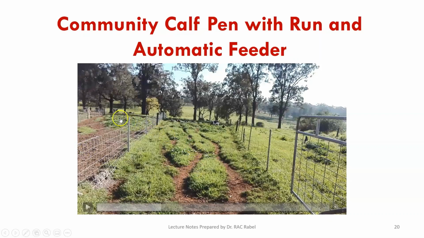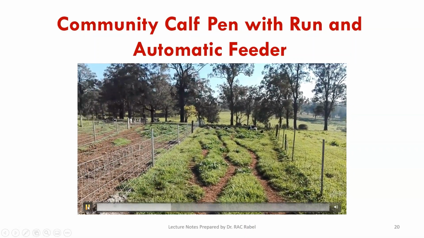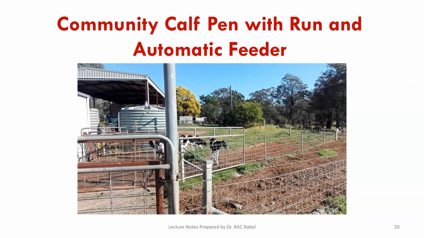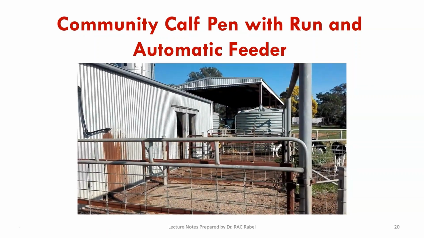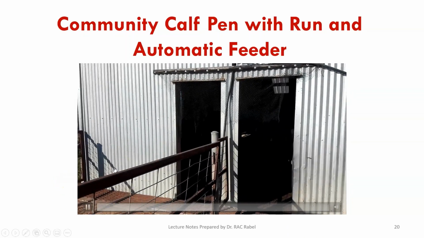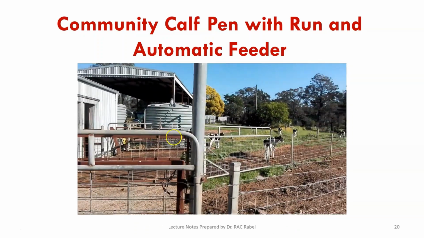Right. So you'll see calves. What you see here are calves, right? Okay. So let's continue the video. So I'm turning back towards the north again, and you'll see the multiple doors from the multiple runs, right?